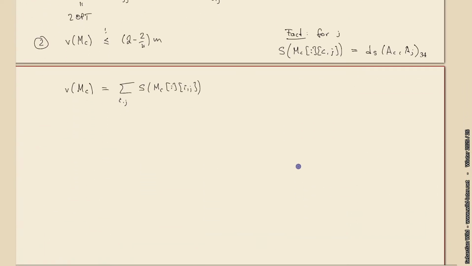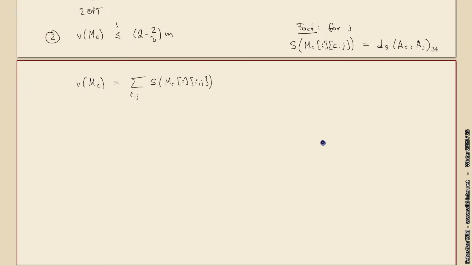So let's draw the star again. If you look at these summands, there's two types of summands. There's ones where one of the I or j is the C, so I'm summing across one of the edges. And then there's the other ones where you're summing over two leaves. Say these two. Now we would be interested in the edit distance between those two in the direct way.